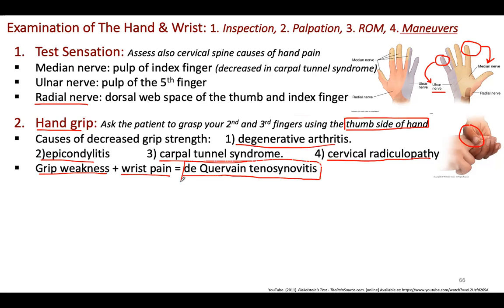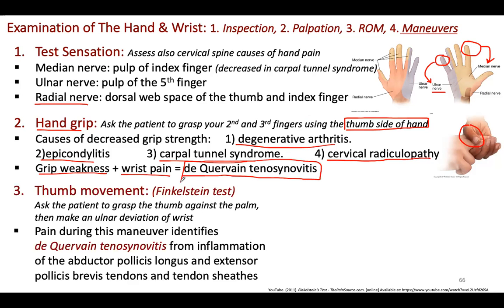Let's talk more about this. De Quervain tenosynovitis is inflammation of the abductor pollicis longus and extensor pollicis brevis tendons and their tendon sheaths. And there will be weak hand grip and wrist pain.